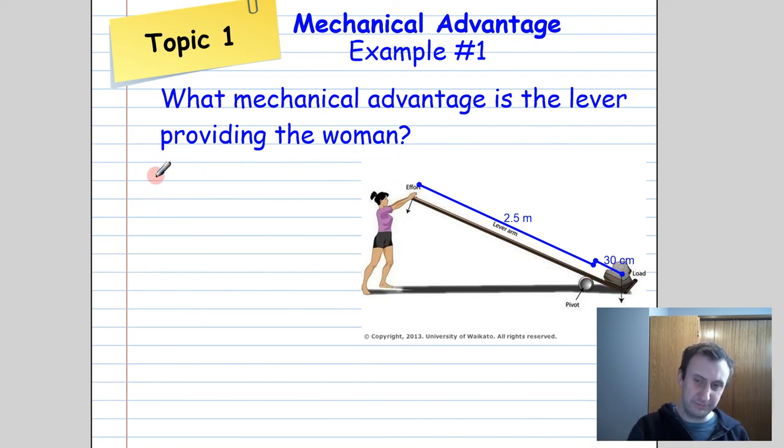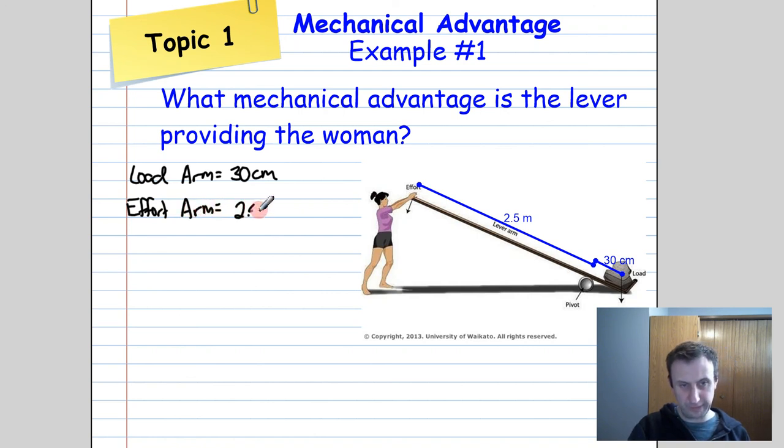First of all, my load arm is equal to 30 centimeters. And then my effort arm is equal to 2.5 meters. I want to know the mechanical advantage.